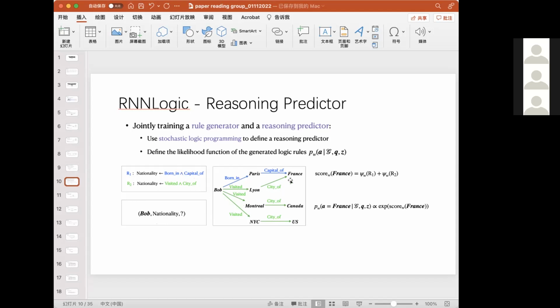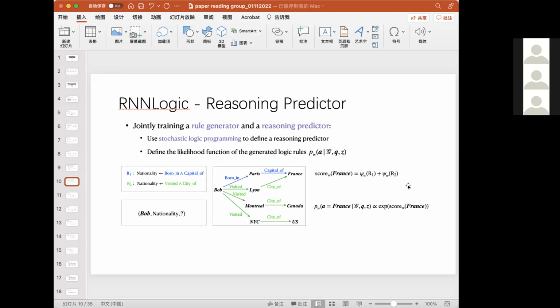We can see that both R1 and R2 lead to the same entity, friends. So the score of the entity friends being the correct answer to this query is calculated as the score of logical rule 1 plus the score of logical rule 2.